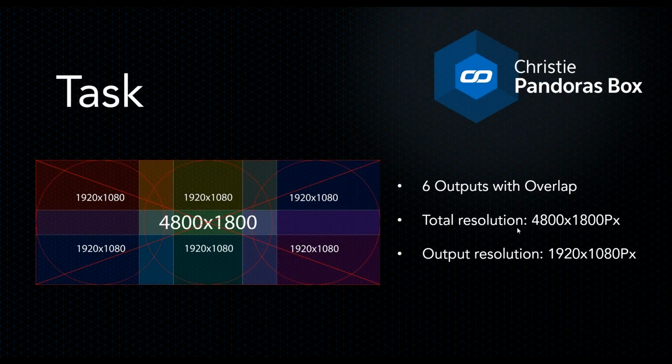Each output resolution is 9020 by 1080. So we have our first output, second, third, fourth, fifth, sixth: 6 outputs. Now we go to the splitter tool and I explain how to split this test pattern into several pieces.